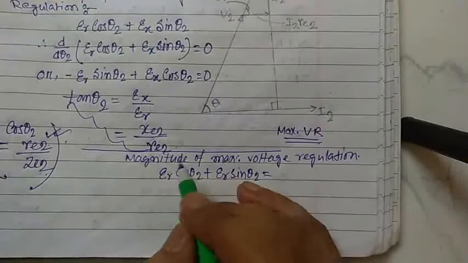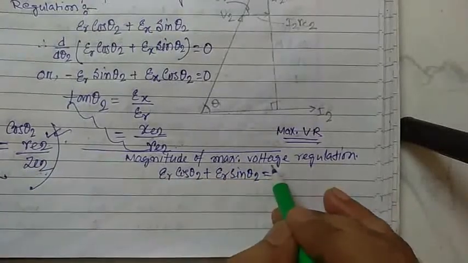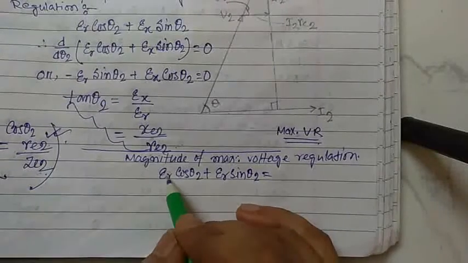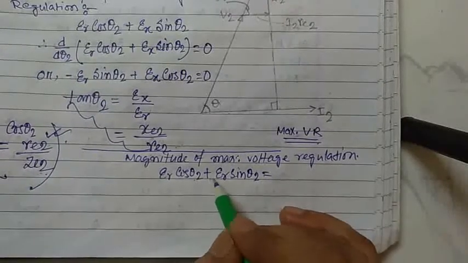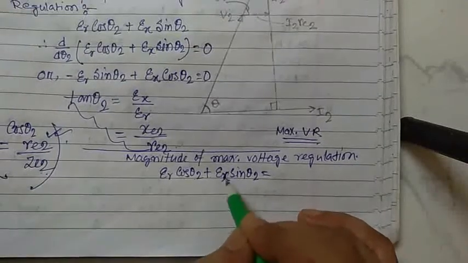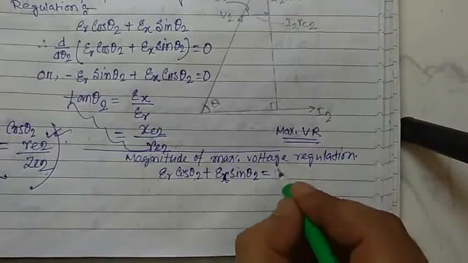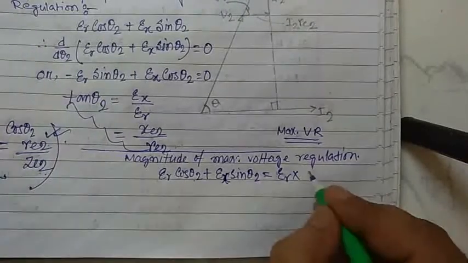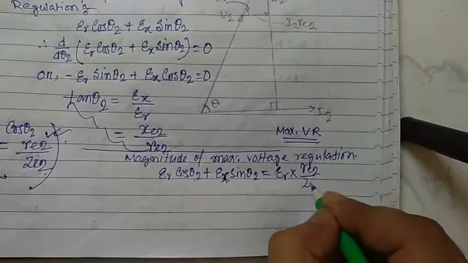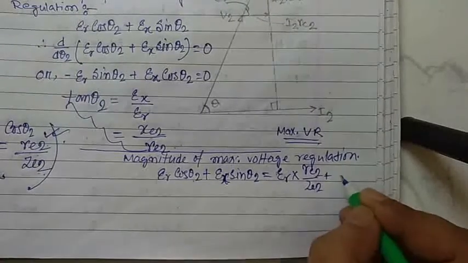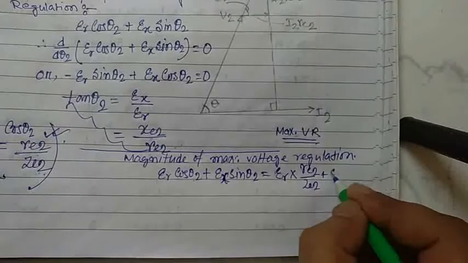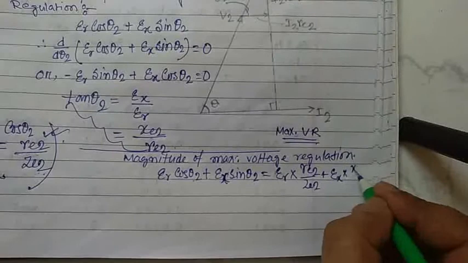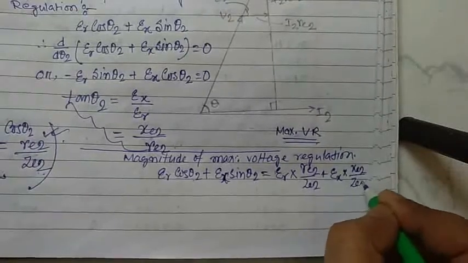Now what is the magnitude of maximum voltage regulation? We know the voltage regulation per unit is epsilon r cos theta 2 plus epsilon x sin theta 2. So epsilon r into cos theta 2 is Re2 divided by Ze2, plus epsilon x into sin theta 2, that is Xe2 divided by Ze2.